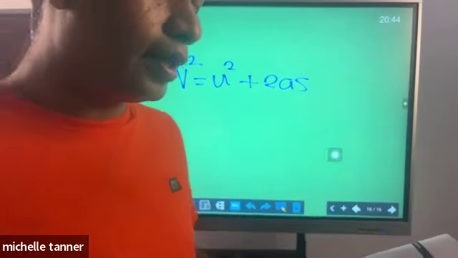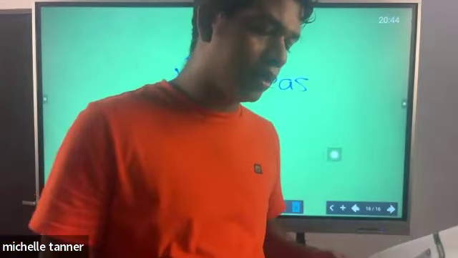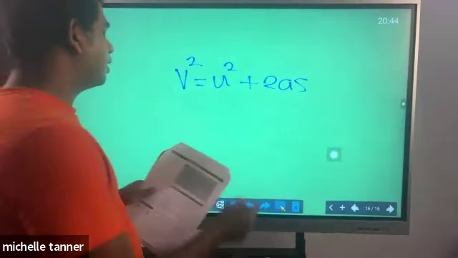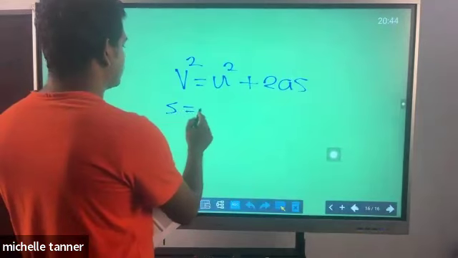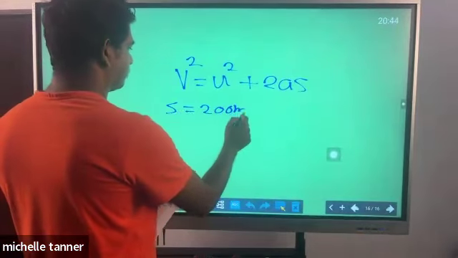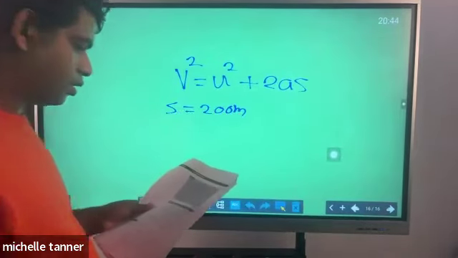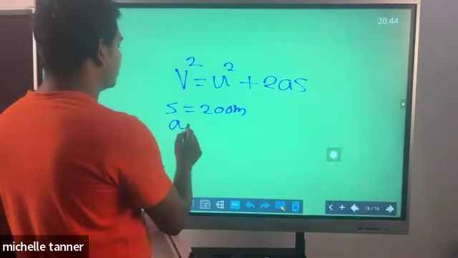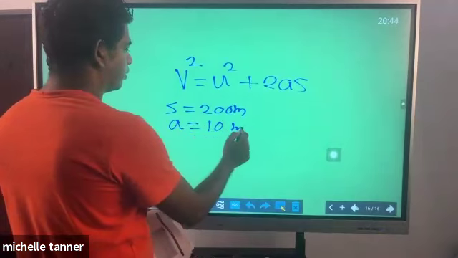The cylinder containing machines is dropped from a helicopter at a height of 200 meters above the ground. Then the height is displacement. Displacement is 200 meters. The acceleration due to gravity is a equals 10.